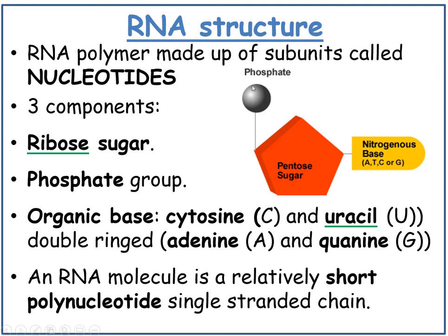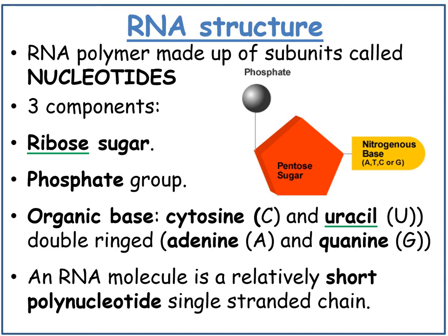You've still got the phosphate group, but then instead of thymine, you've actually got uracil. So that should actually say uracil there. So you've got cytosine and uracil, which are the single rings, and adenine and guanine, the double rings. So you don't have thymine in RNA. It's instead replaced by uracil.